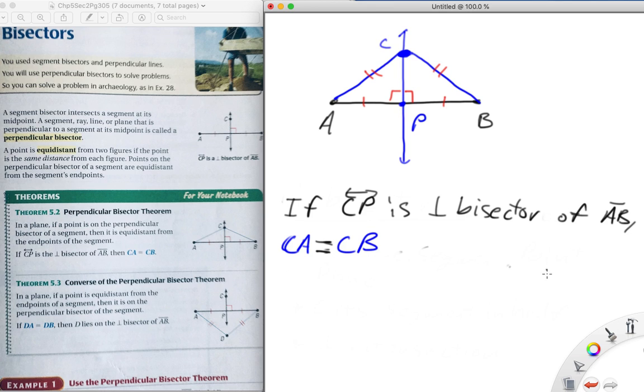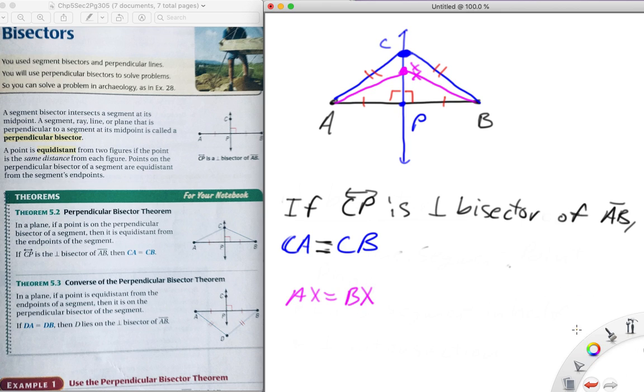Now it's not just point C, it's any point along this perpendicular bisector. So let's say I had a point X, and if I draw a line from A to X and B to X, then I can say that AX is equal to BX.